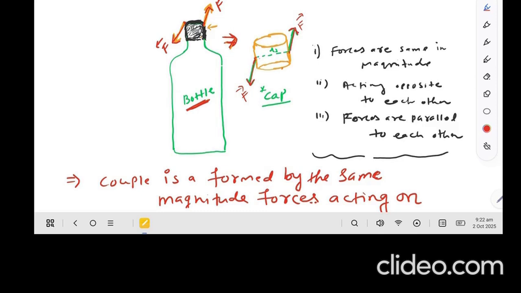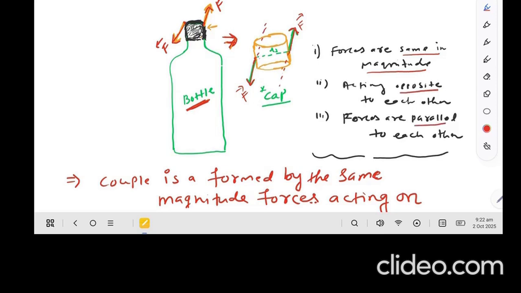Now if we look at the nature of the forces, we observe that both forces are the same in magnitude. If I extend the line of action of this force, and you extend the line of action of this force, you notice the lines of action of both forces are parallel to each other. Both forces are acting in opposite direction and both are parallel to each other.